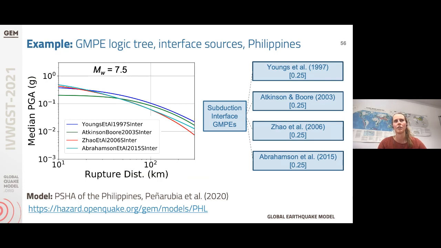And as you can see, the GMPEs are attenuating at different rates, and they scale differently. And so these are important to consider in the case that different attenuation patterns or different magnitudes can't be ruled out. And again, we'll cover this more tomorrow in the building a PSHA model lecture.